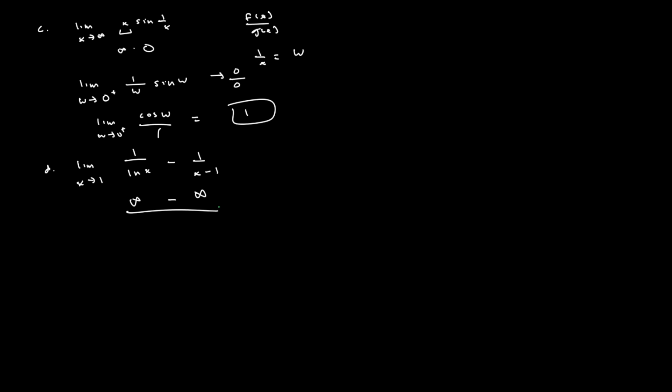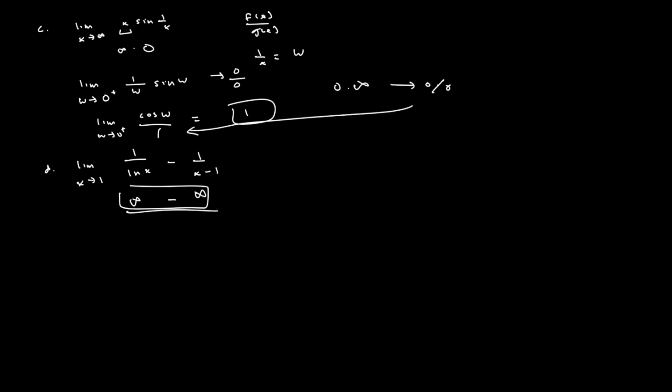The idea is, we saw that when we had the infinity minus infinity or the 0 times infinity form, we want to try to get it to a 0 divided by 0 form like we did over here.